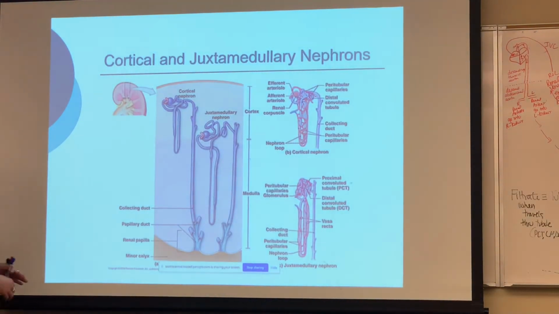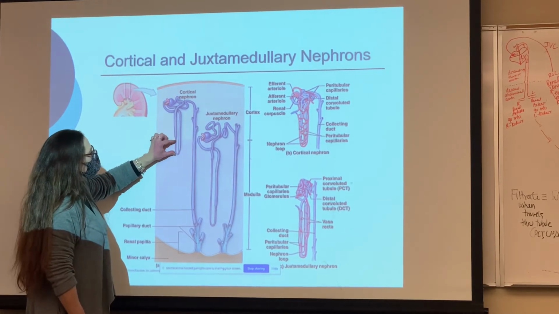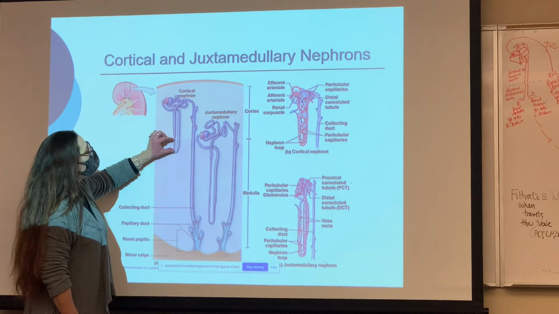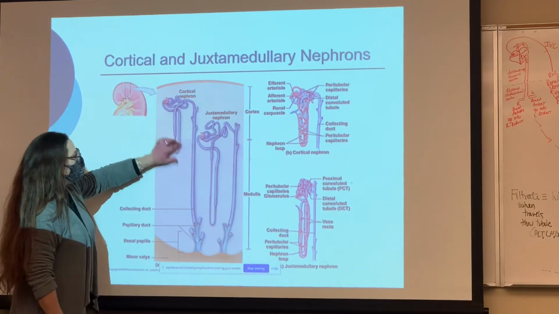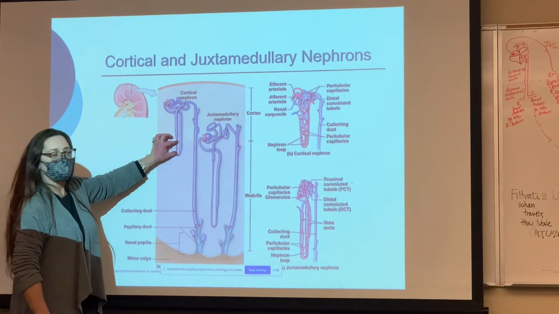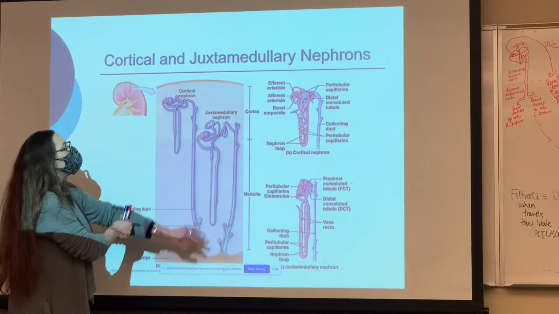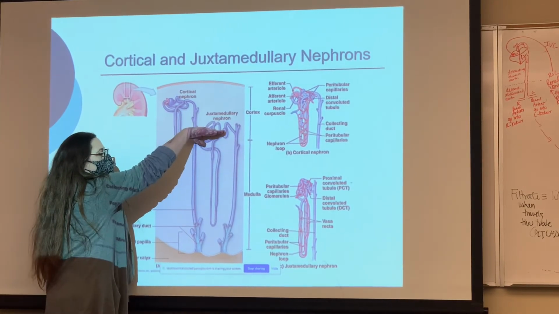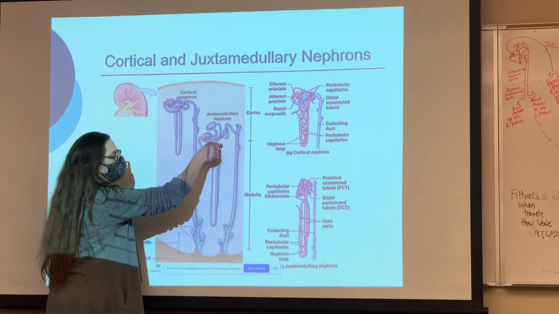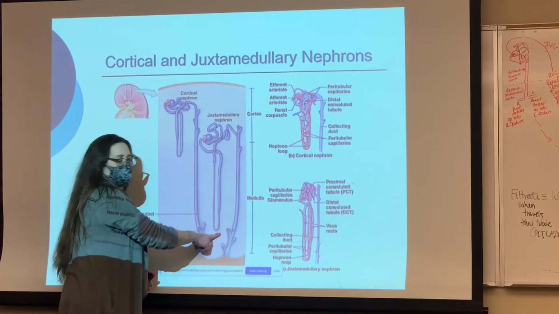So if we look at them, this is what we looked at before. A cortical nephron has a real short loop of Henle; the part that dips down into the renal medulla, or the renal pyramid, is just a little bit. Most of the nephron is up here in the cortex. Versus if you look at these juxtamedullaries, you can see they sit a little bit lower, but they have a long loop of Henle that dips way down into the renal pyramids.